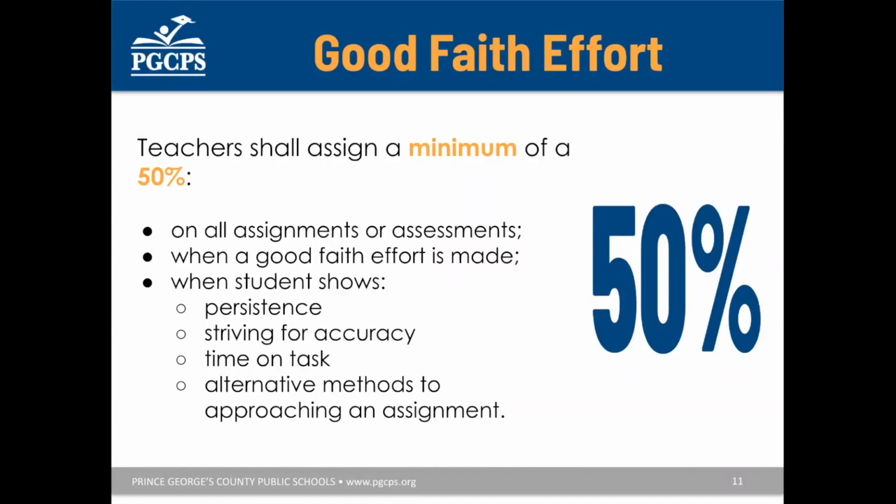Two adjustments were made to the grading and reporting administrative procedures in terms of good faith effort, which are designed to encourage learners and keep them from becoming disengaged. The first adjustment was that teachers shall assign a minimum grade of 50% to all assignments or assessments for which the student completed the entire assignment and made a good faith effort.